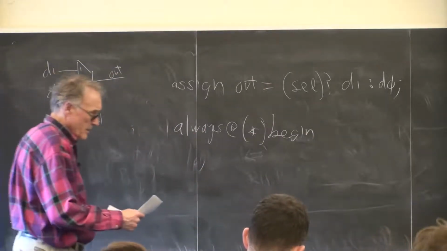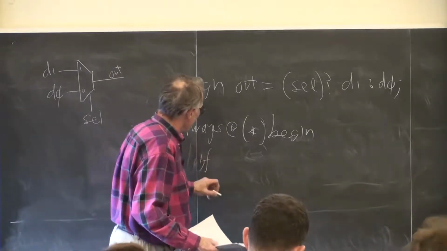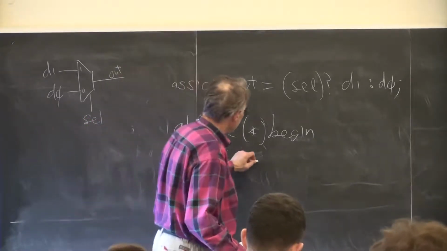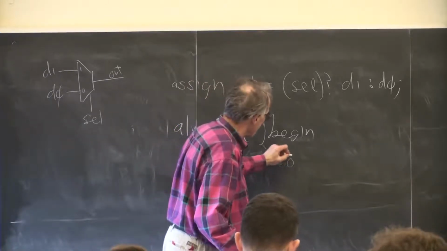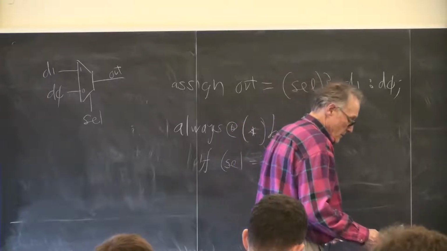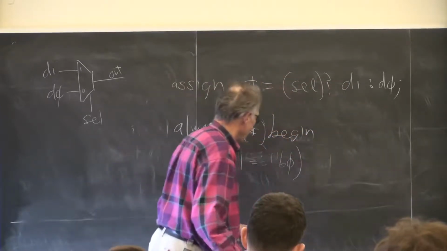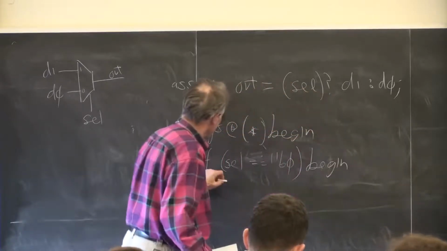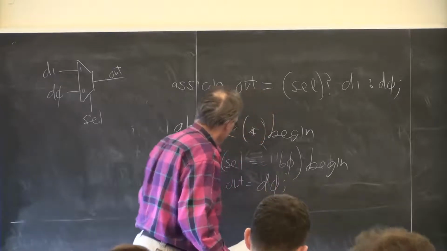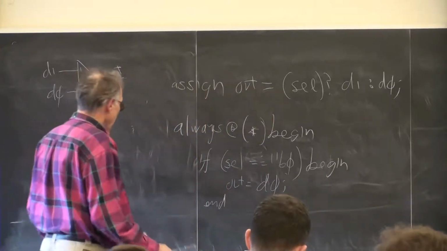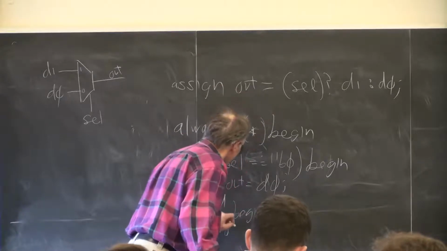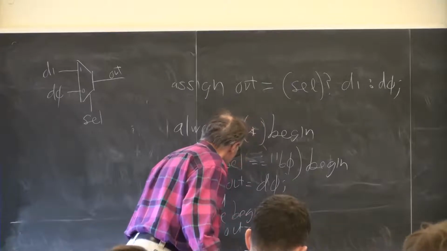Always at star begin if select, well, let's be explicit, equals 1 tick binary 0, then begin out equals D0 end else begin out equals D1 end.